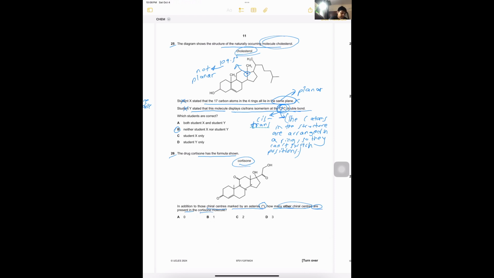So chiral centers are carbon atoms with 4 different atoms or groups attached. They have told that the ones without the asterisk we have to consider. I can see 1 to be there, 1 to be there.